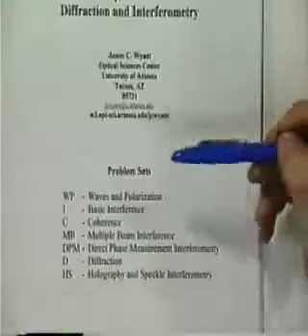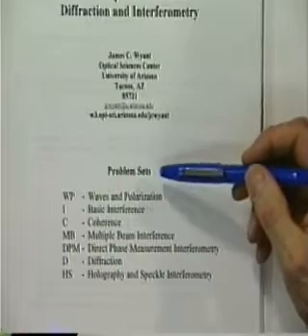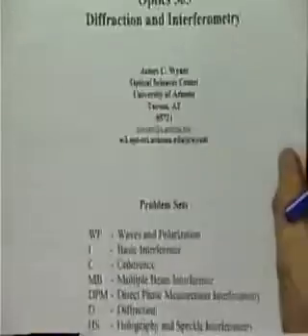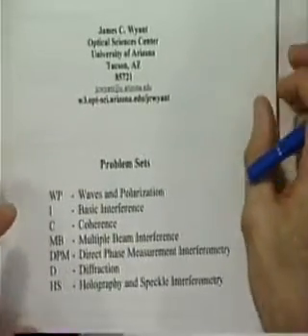The other thing that is in these notes, both on my website and in the Optical Sciences Library, is the homework problem sets. That's what I really forgot to mention before. In the outline, I refer to WP1 and WP3 and such. What are these problems?